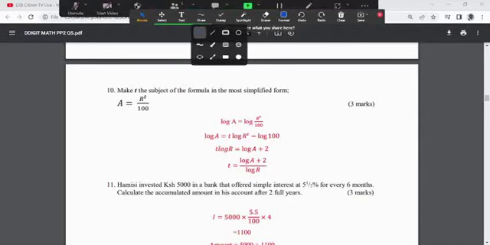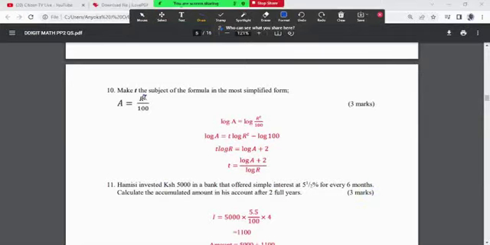Good. Every time we are making a power the subject, we must introduce logarithms. There is no other way. So we introduce logarithms anytime we are making the letter the subject, and that letter is the power.